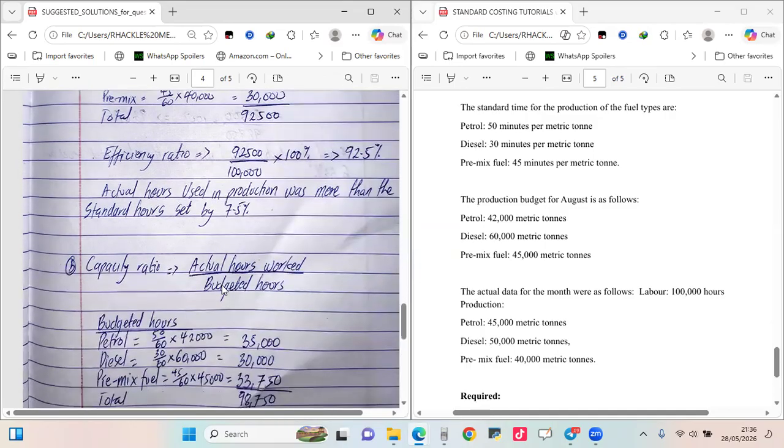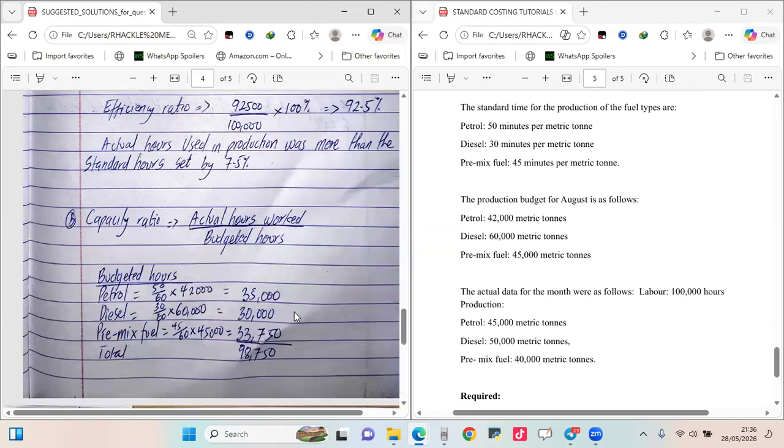Now, the second part is the capacity ratio. The capacity ratio is given by the formula actual hours worked divided by the budgeted hours, times 100%. I forgot to bring the 100%. So we have to find the budgeted hours.